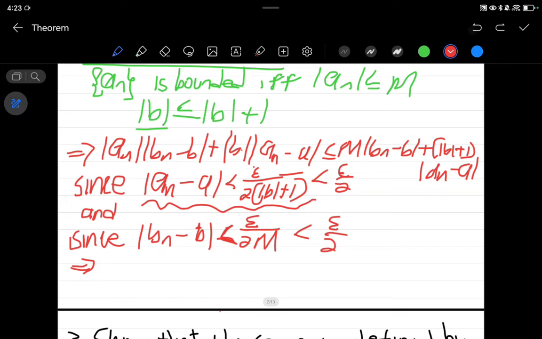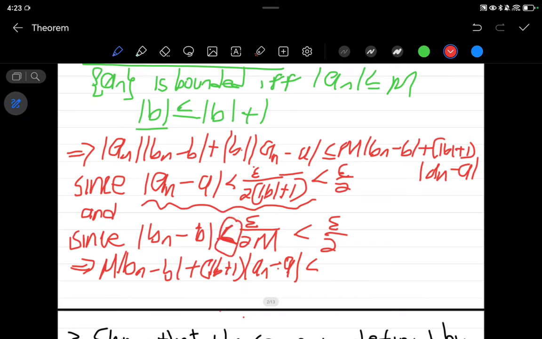This would imply that m times the absolute value of bn minus b plus the absolute value of b plus 1 times an minus a should be less than, and I'm going to remove this equal sign.